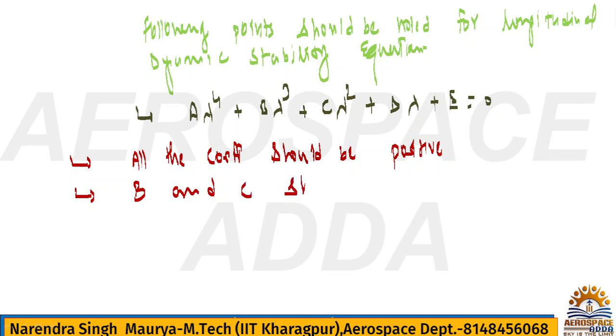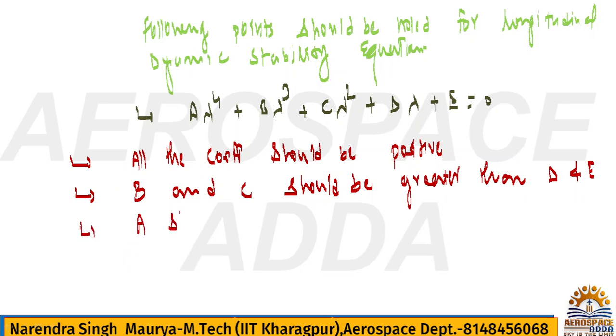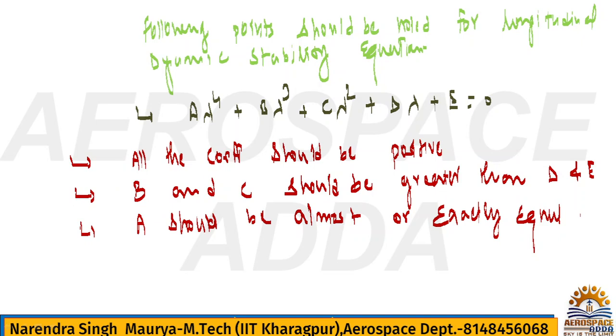Number two, B and C should be greater than D and E. A should be almost or exactly equal to 1.